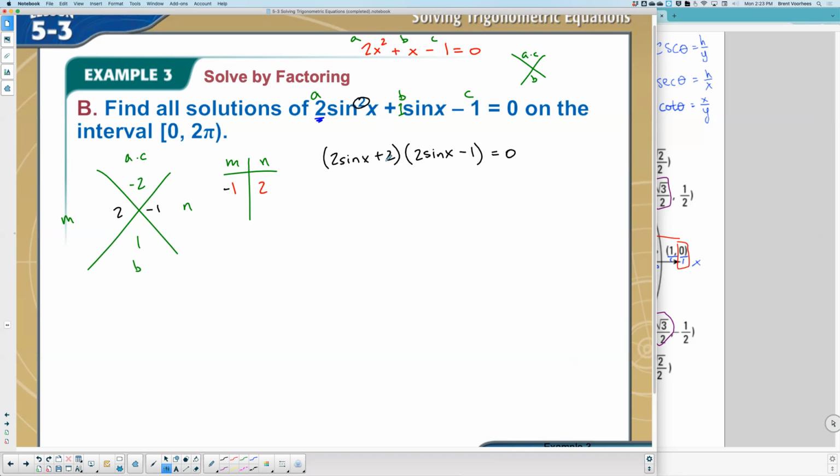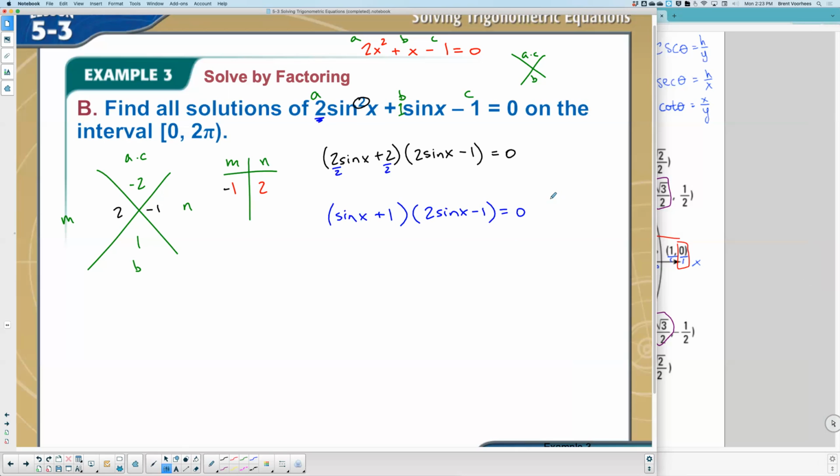The front factor or the back factor? Back. So this one would get divided by 2. So mathematically, to have an accurate statement, you'd actually have this: sine x plus 1 times 2 sine x minus 1 equals 0. That's actually how this problem factors.